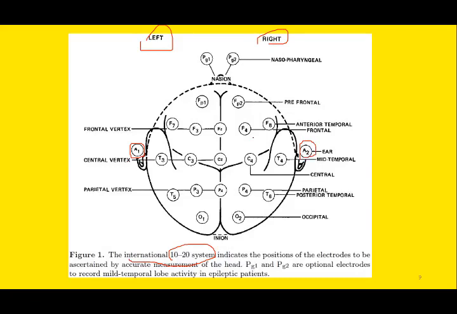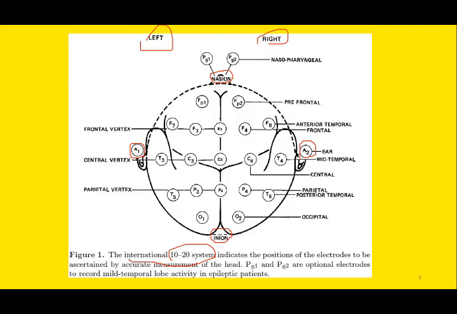And these circles indicate the exact location for the multiple electrodes that we have applied. This is the anterior portion, the nasion, and this is the posterior portion, the inion, which is the occipital protuberance.